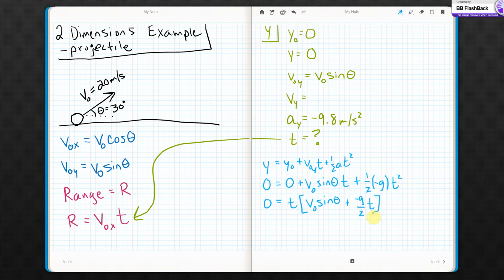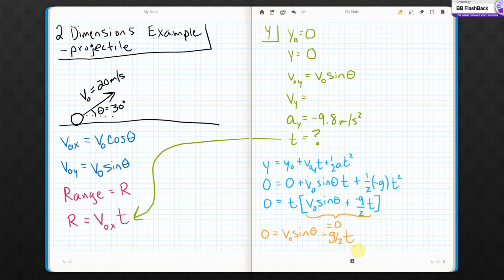Or this stuff right here, maybe that equals 0. So I could also say that 0 equals v naught sine theta minus g over 2 times t. Sorry, that's a little squished. That's all well and good.